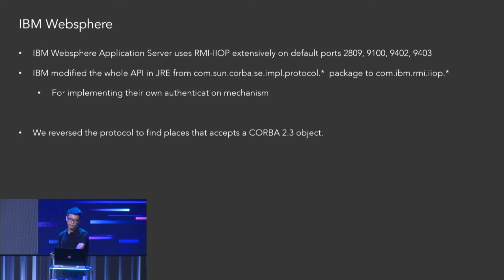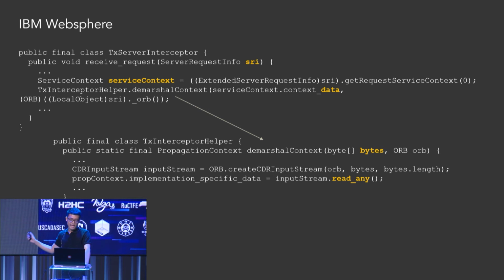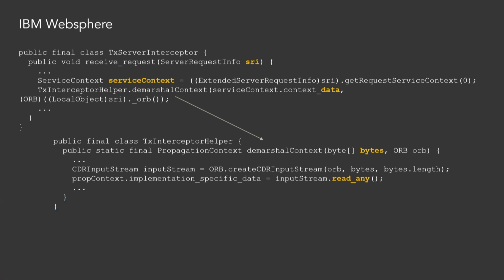So our goal here is to find a place that handles a CORBA 2.3 object and happens before authentication, because we need pre-authentication remote code execution, right? So we reverse the protocol and find many places that have that behavior. This is the class that will be an interceptor between the RMI call and the authentication mechanism.